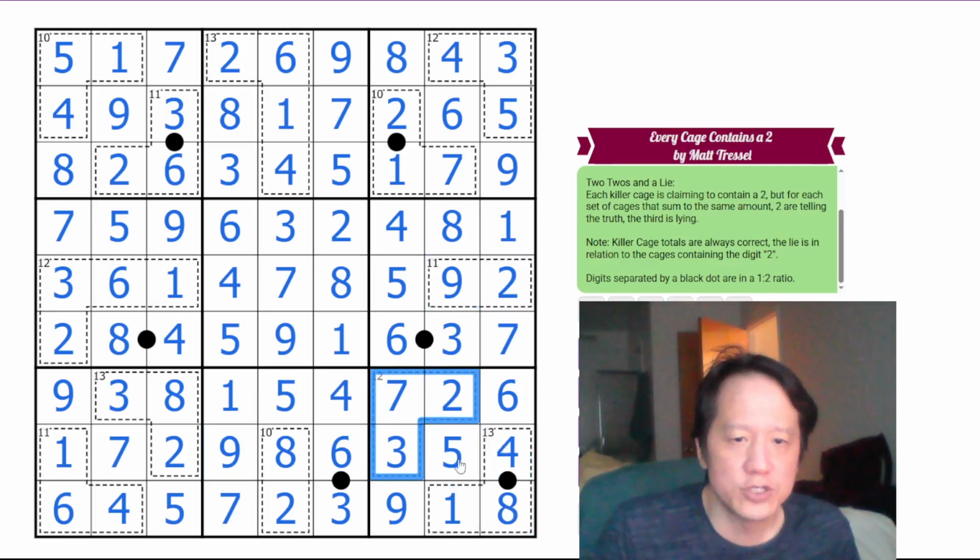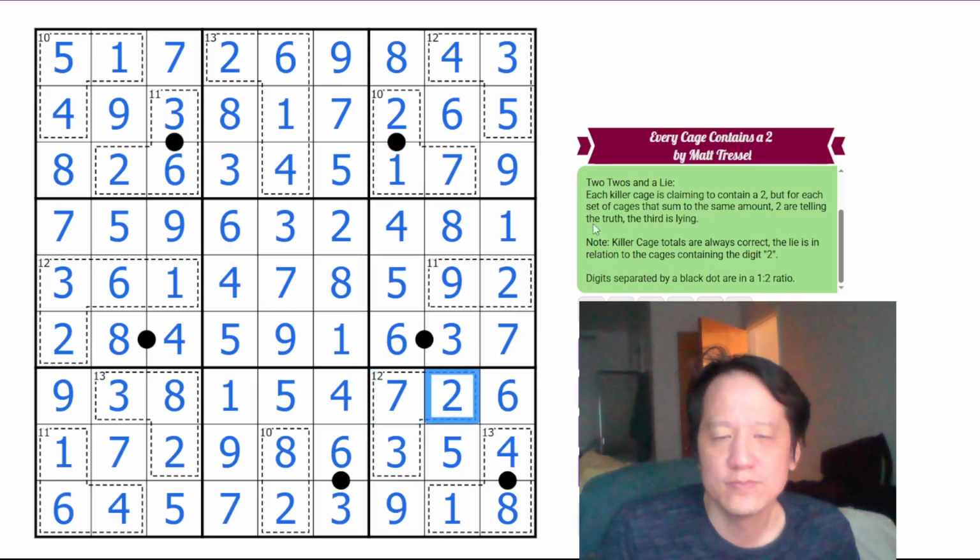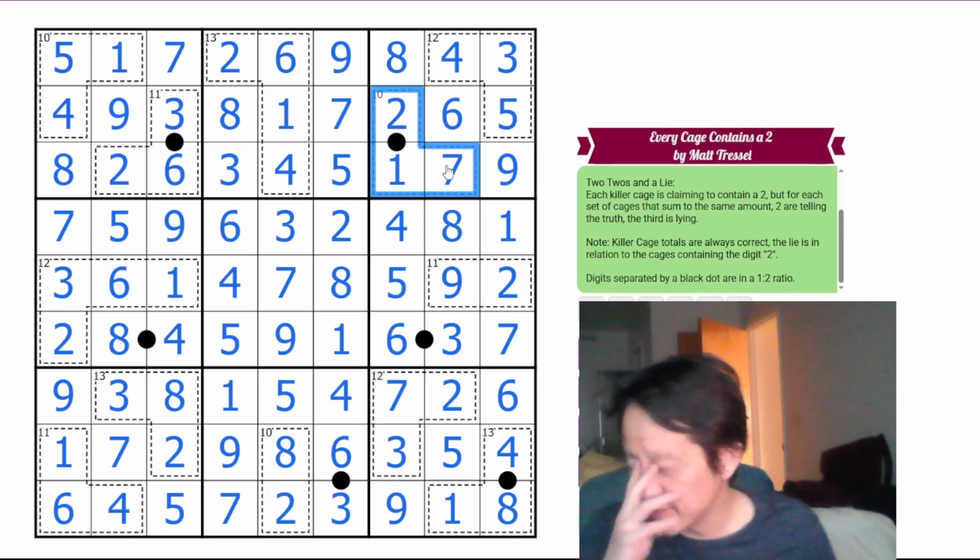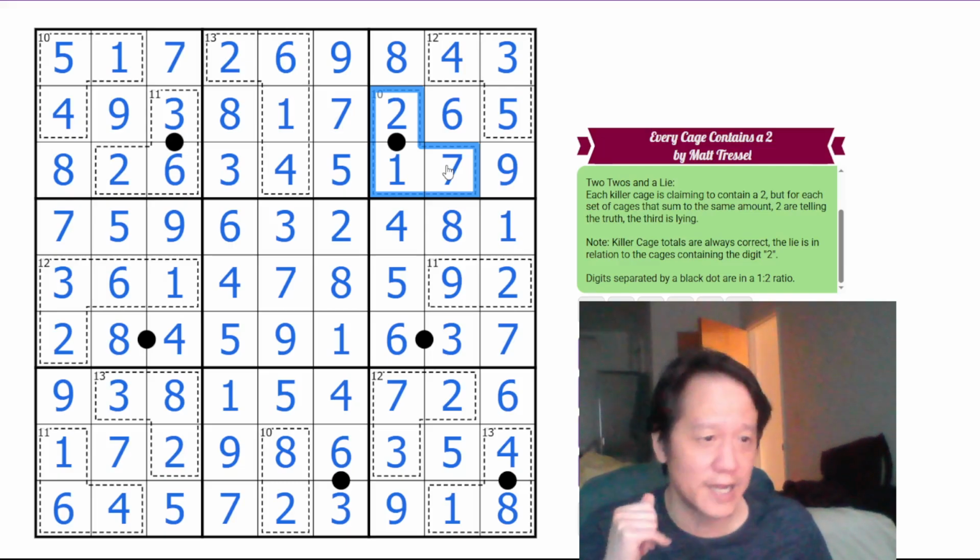Yeah, pretty interesting rule set with the 2, every page contains a 2 kind of rule set. I'm not sure how else to describe it, but I guess they're called two truths and a lie rule set.